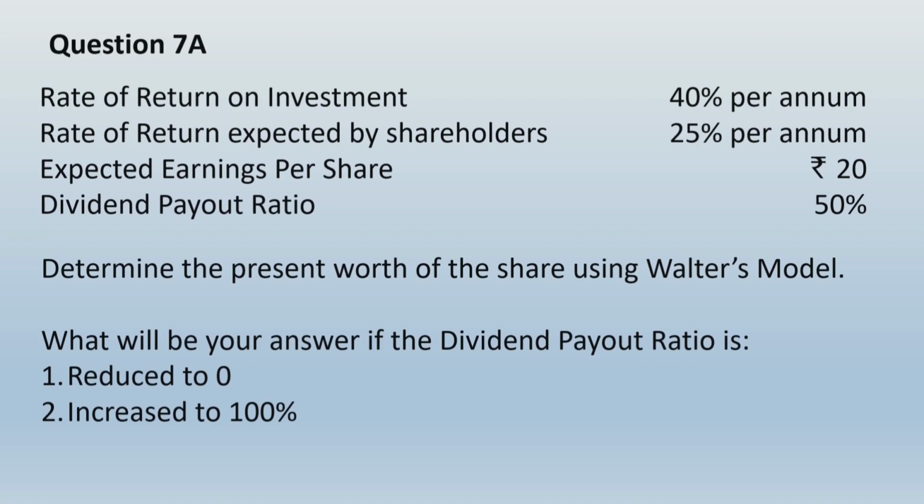First we focus on the first line of the requirement, that is, determine the present worth of share using Walter's model. What I am going to do for you is use Walter's formula, and after using it, I will substitute all the given values of variables into that formula and determine the value of equity share.